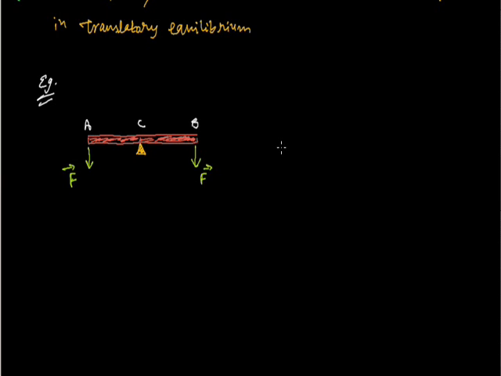So the net vector sum of the forces is not zero, but the rotational analog of force is zero. It means in this situation the rod is in rotational equilibrium but not in translatory equilibrium.